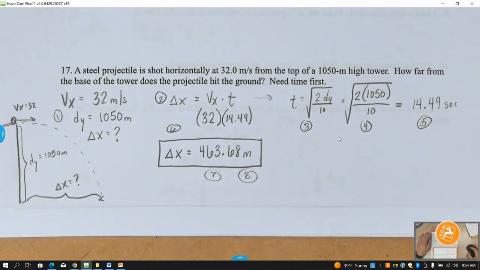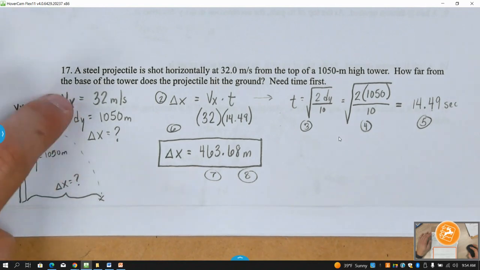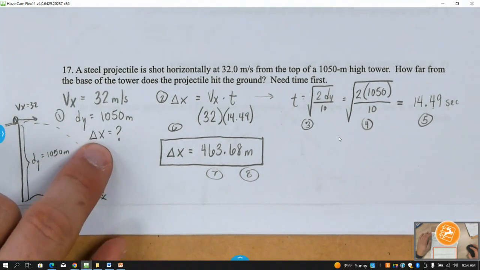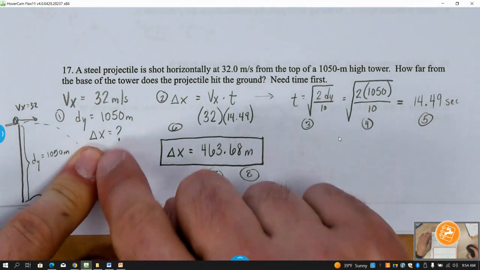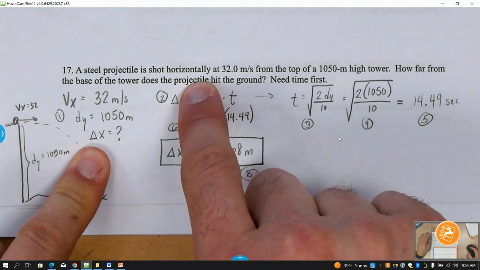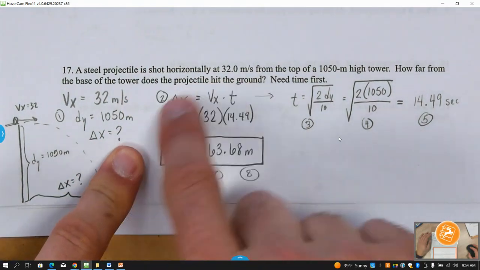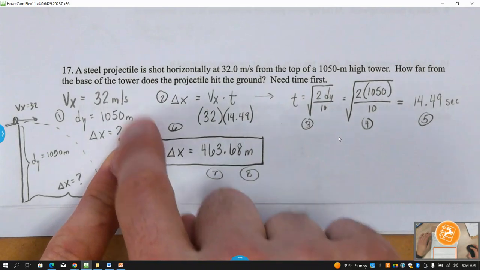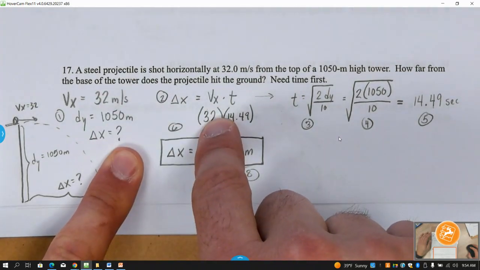And guys, again, it may seem tedious, but there's a method to it because it provides you a structure to follow. Writing out your given information and what we're looking for should always be your first step. Write the equation for what you're looking for, because that tells you, do I have all the information that I need?